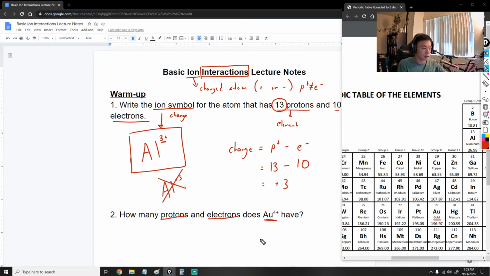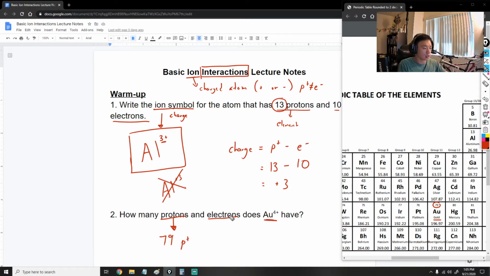So we're looking at how many protons and electrons gold 4 plus has. The protons are really easy because it's just the number on the top. We've been doing this for a while now. So gold, Au4+, has 79 protons.